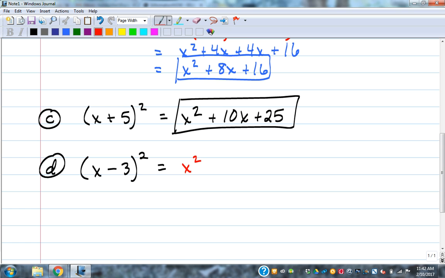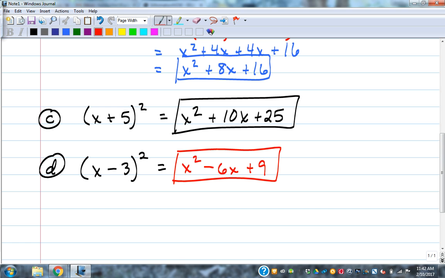So what's that going to be? Negative 6x. Good job. Negative 6x. And then the last piece is square what's in the back. When I square negative 3, what's negative 3 times negative 3? Positive 9. And we've taken care of that shortcut and multiplied that binomial out.